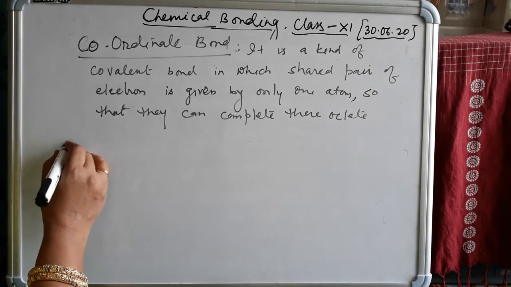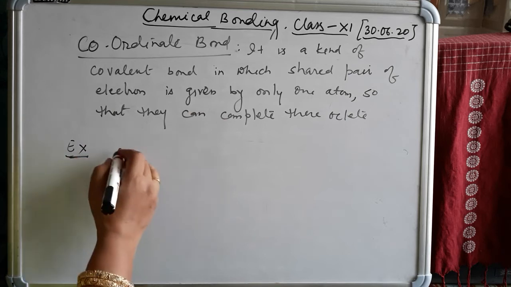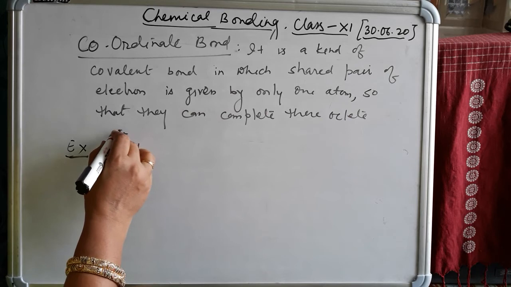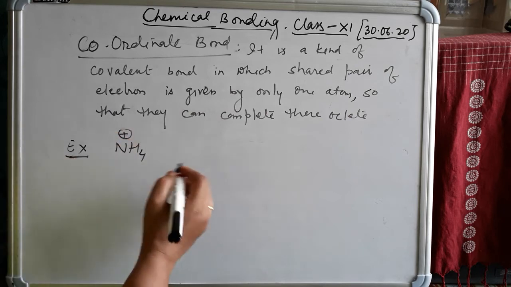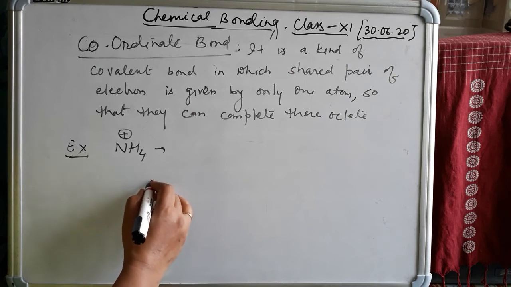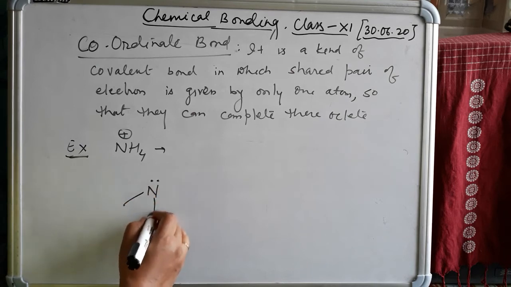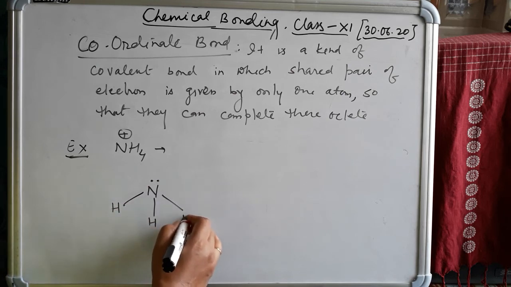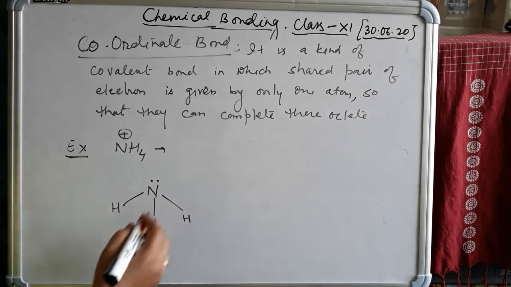For example, suppose we have the ammonium ion. As we know the structure of ammonia, NH3, nitrogen forms 3 single bonds with hydrogen.